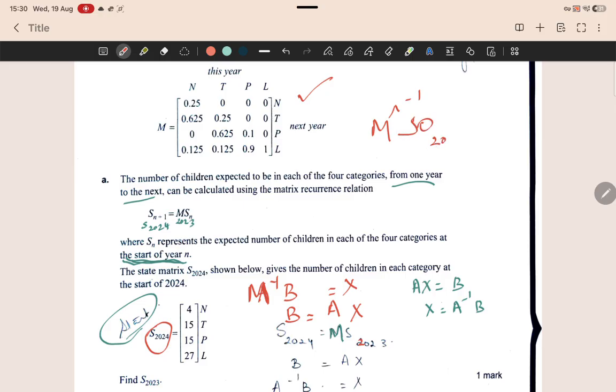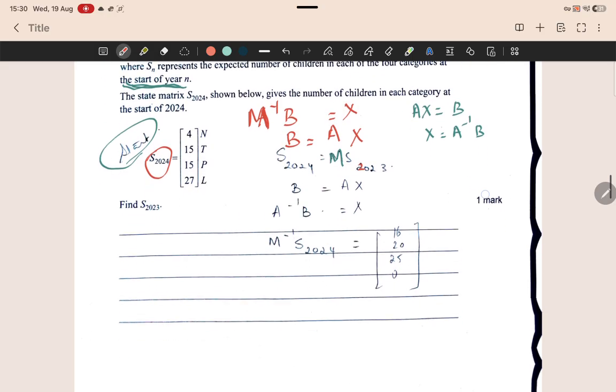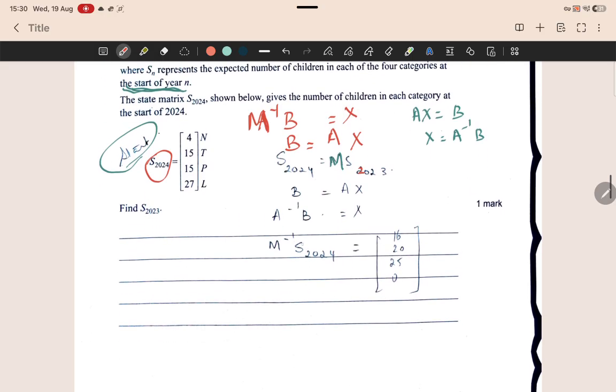S 2024 should give you S 2023. So you put that into your calculator, and you should be able to get S 2023.